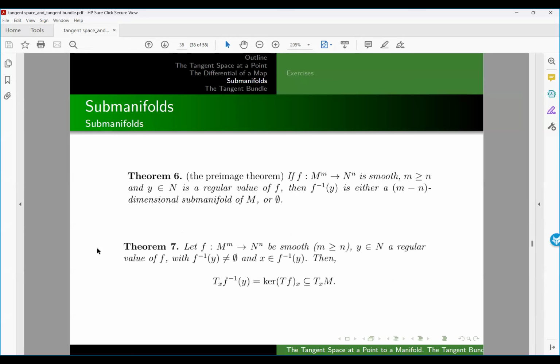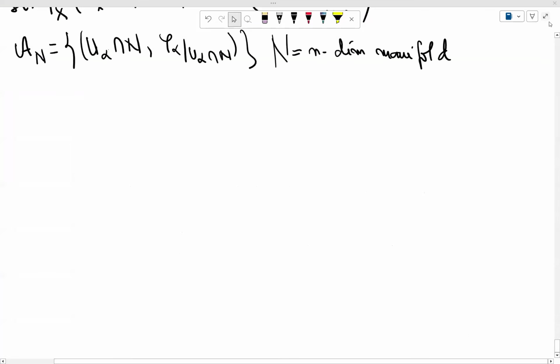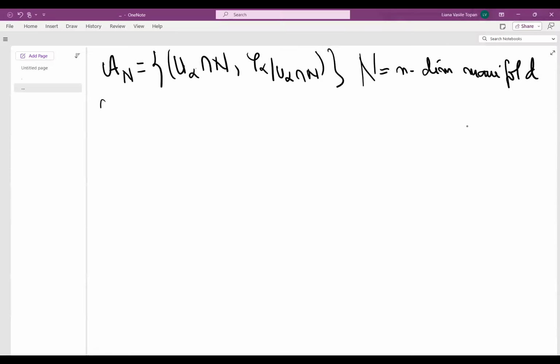that a subset is a submanifold of a manifold. And this theorem, let me write it on this white page. Okay, so the theorem says the following: if F is a smooth map between manifolds, smooth, differentiable, right?